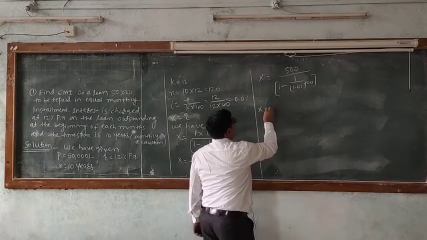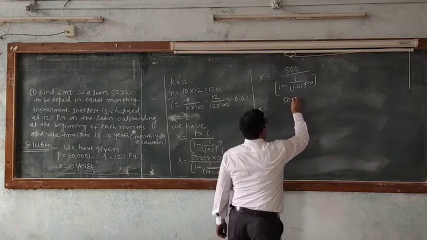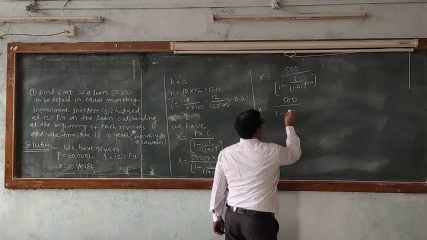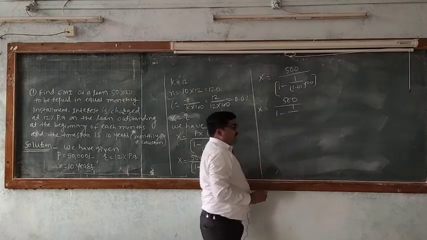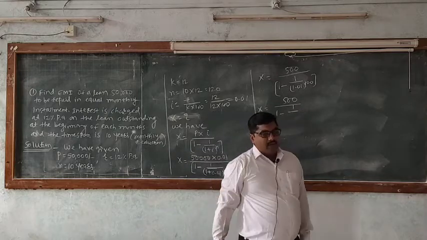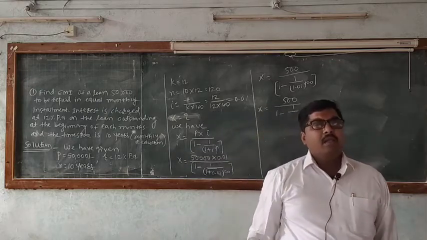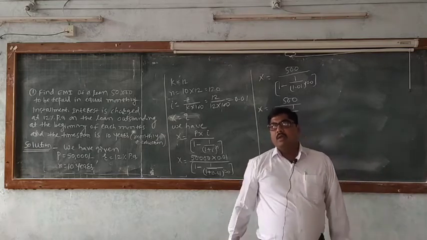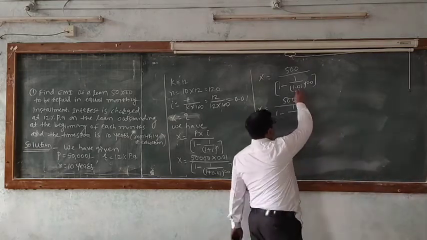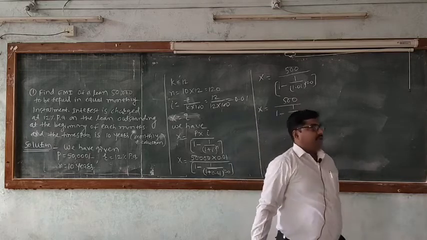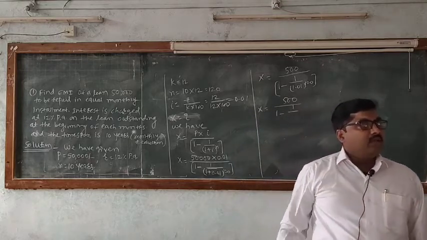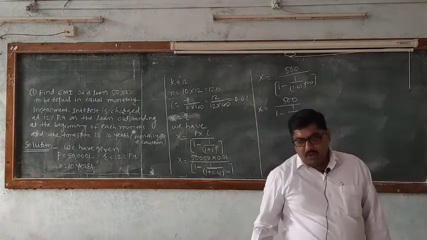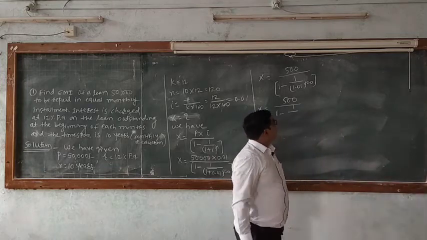X equal to 500 upon 1 minus 1 upon... Now by using the calculator or in exam, the given value is provided. Suppose the power is very high, then you will have to give this value.